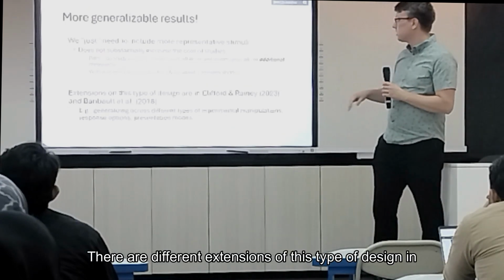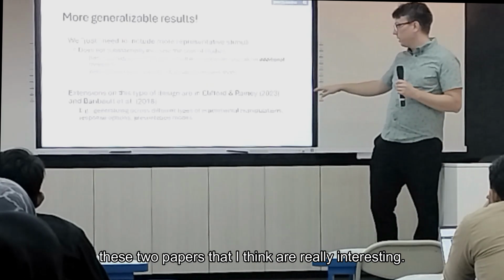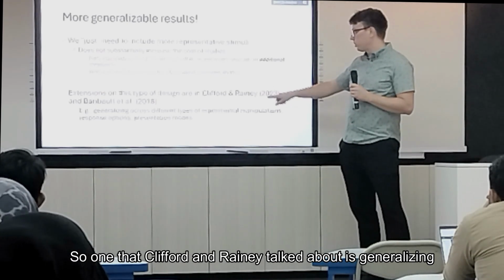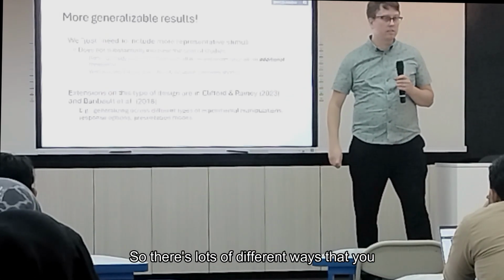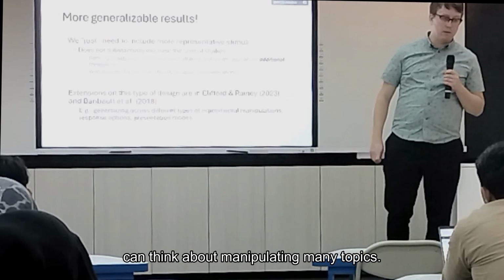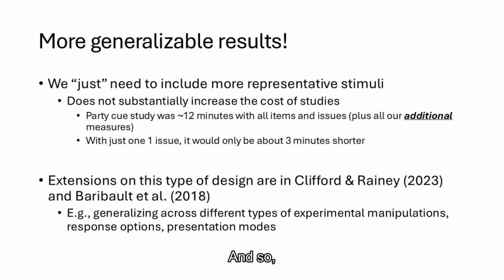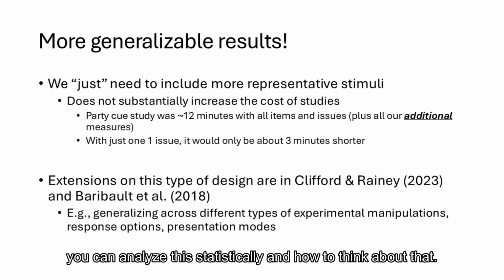There are different extensions of this type of design in these two papers that I think are really interesting. One that Clifford and Rainey talked about is generalizing across different types of experimental manipulations. There are lots of different ways that you could think about manipulating many topics. Some studies do this, and they outline how you can analyze this statistically and how to think about that.